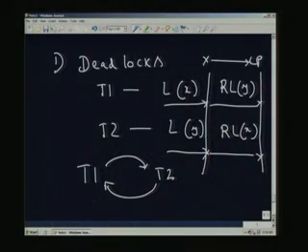This is what we mean by deadlocks. This is one of the problems of using a pessimistic kind of algorithm, because algorithms which make transactions wait for each other can result in these deadlocks.